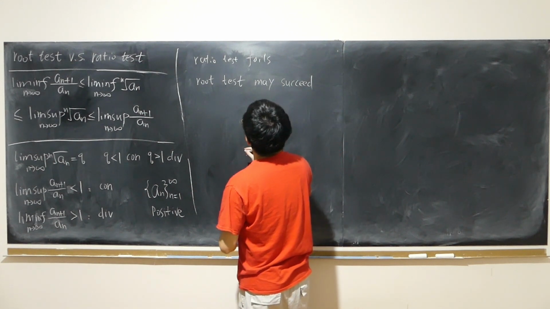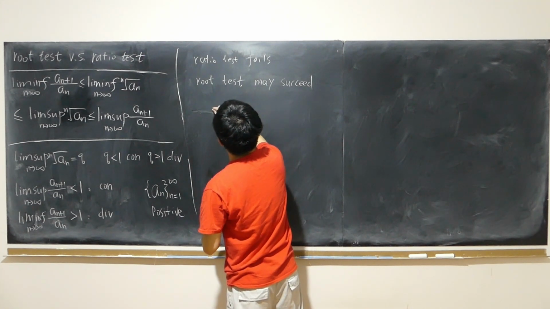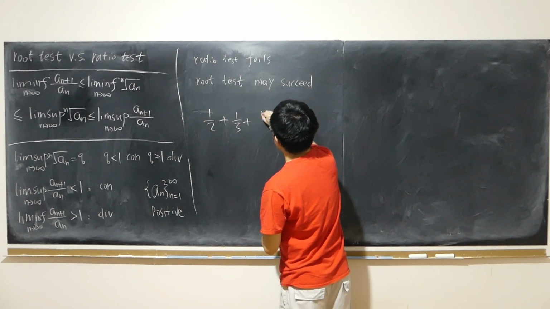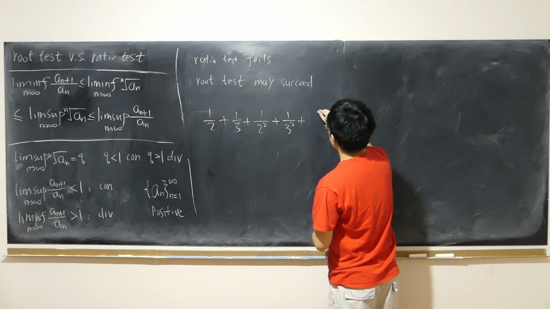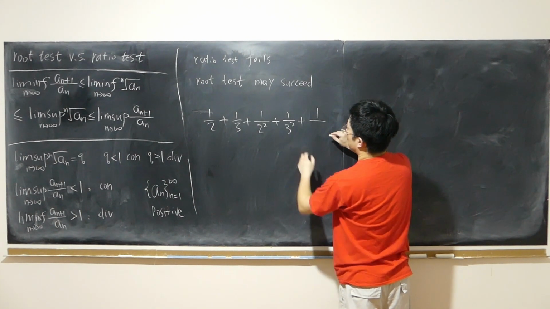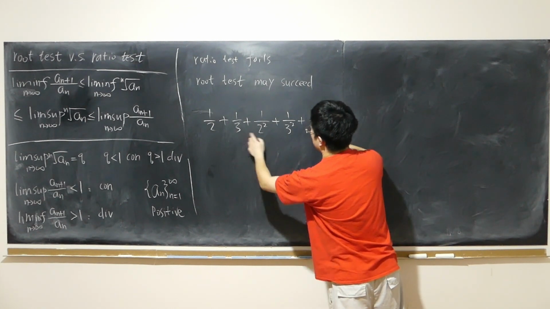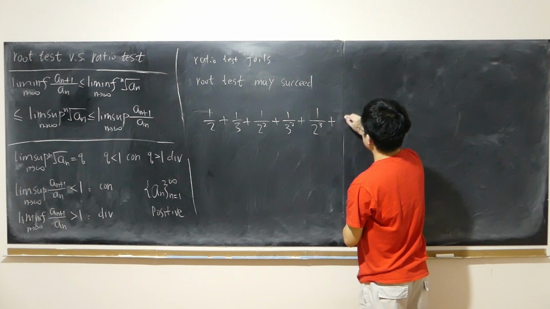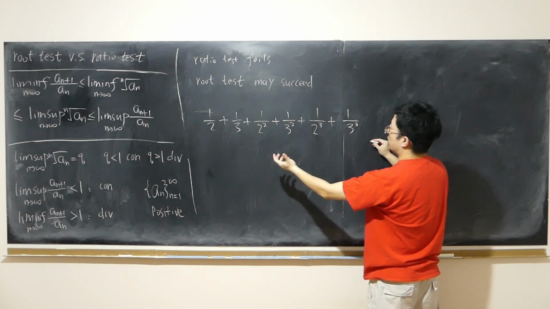Here's an example. We have a series: 1/2 plus 1/3 plus 1/2 squared plus 1/3 squared plus 1/2 cubed plus 1/3 cubed, and so on. Here's the pattern. For the odd terms, we have 2 at the bottom, with power 1, 2, 3.